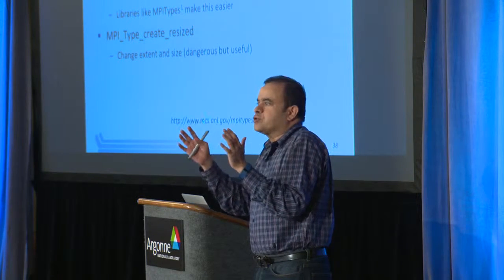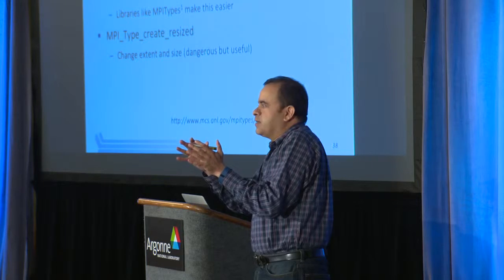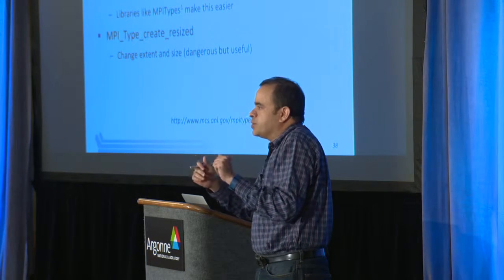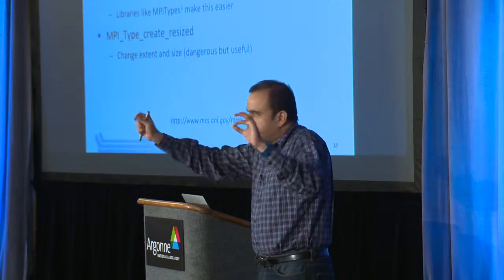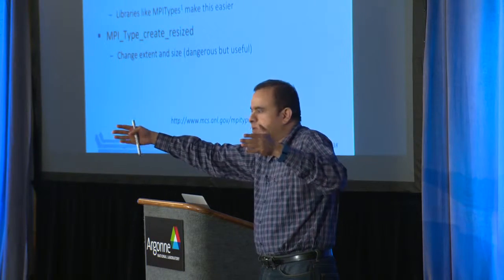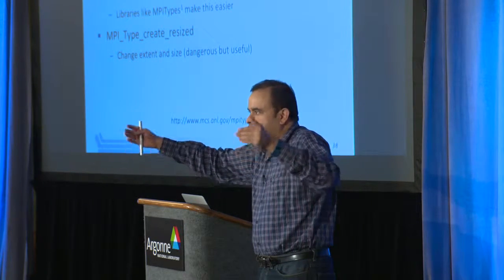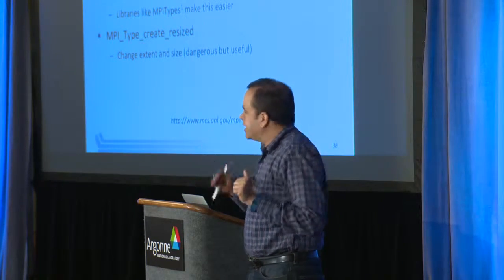The size refers to the amount of actual data that it represents without any gaps. So suppose you have 10 integers that are strided, with lots of gaps in between. The size of that data type would still be 10. It's the actual content in that data type.